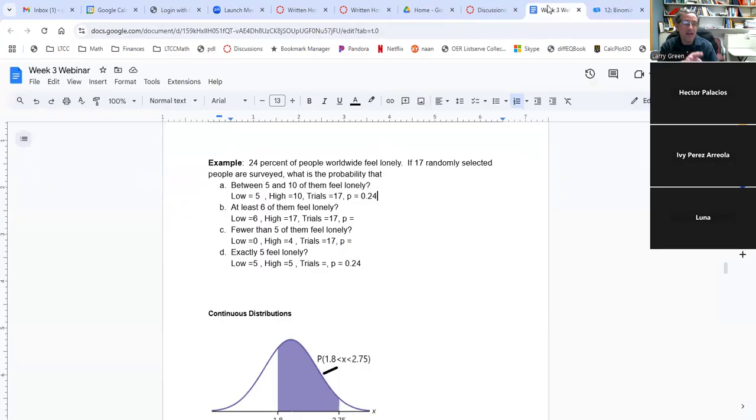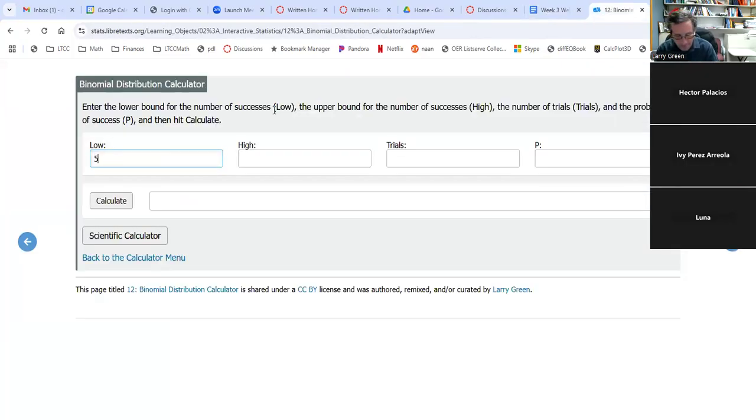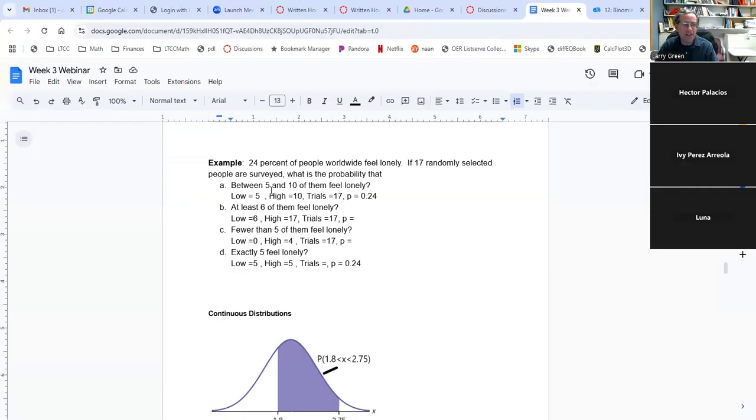Low was 5, high 10, trials 17, and 0.24. And we calculate, and it's about 0.3875. So around a 39% chance that between 5 and 10 people out of the randomly selected 17 will feel lonely. Any questions on that?